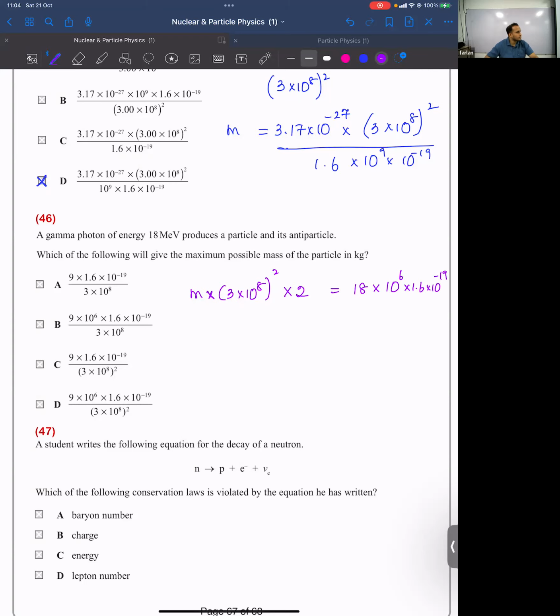Correct? There is 18 mega electron volts of photon energy, which is getting converted to 2 particles. So if I take the energy equivalent to those 2 masses, that should be equal to this 18 mega electron volts. Am I right?